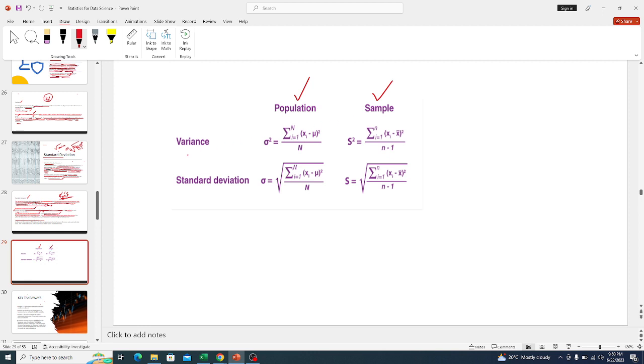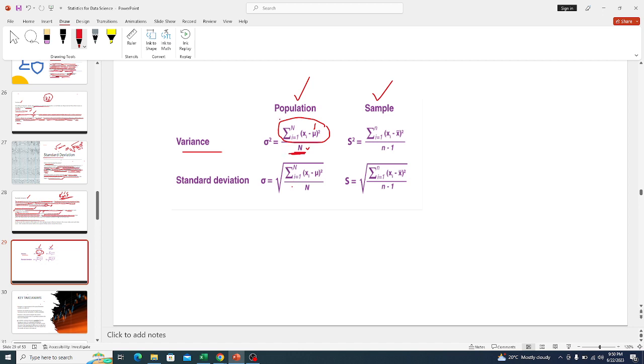For population variance we have the same formula, but here we subtract mu because it's population, and we divide by capital N, representing the population.